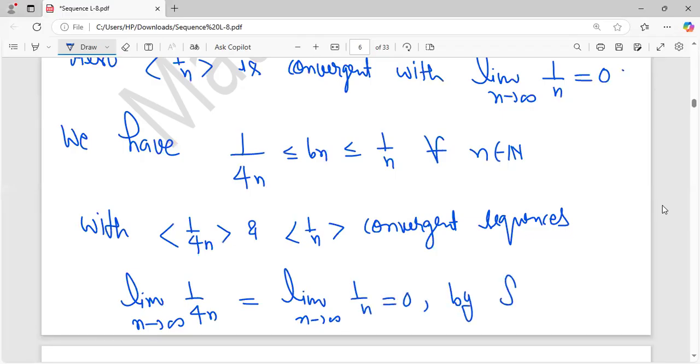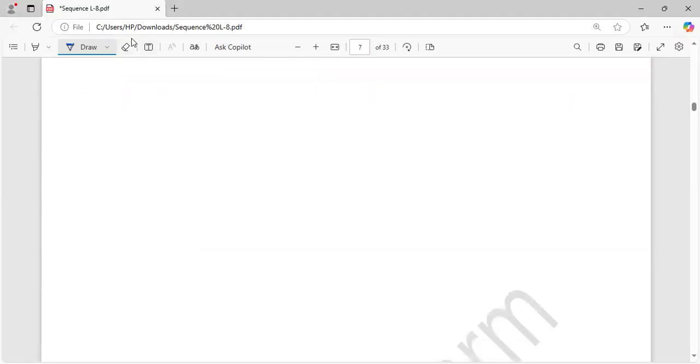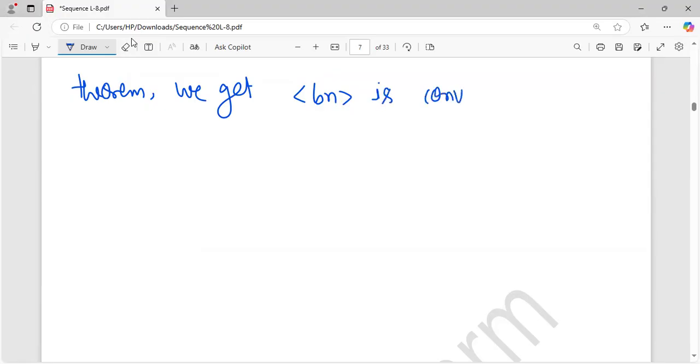By the sandwich theorem, we get that Bn is convergent and the limit as n tends to infinity of Bn is 0. So Bn is convergent and its limit is 0.